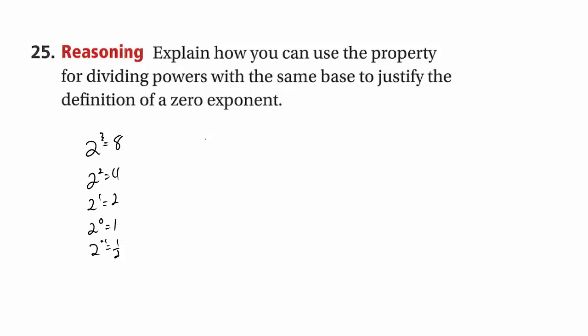All right, let's look at 2 to the 4th over 2 to the 3rd. That cancels out if you subtract the powers, 2 to the 1st. If it's 2 to the 70th over 2 to the 68th, 68 of the 2's will cancel out. If you expand them out, you get 2 to the 2nd. You subtract the powers. Well, what if you have the same power on the top and the bottom?